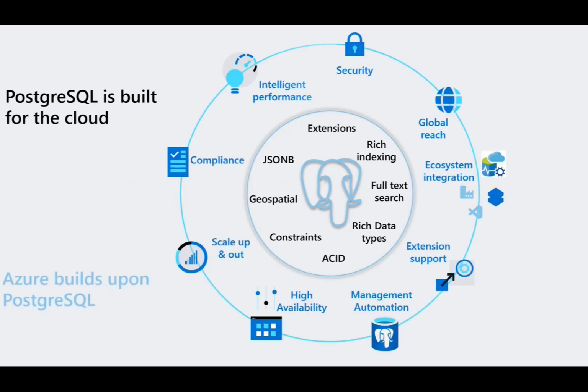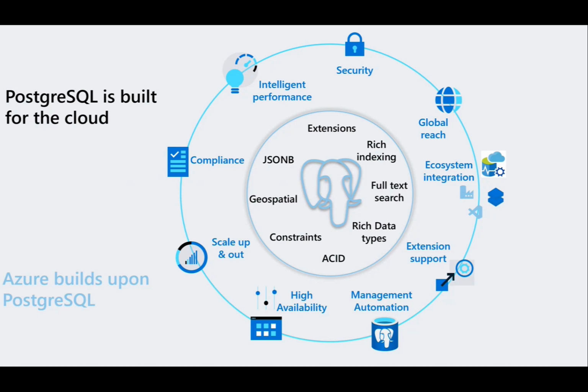But what do you get from putting it all in Azure? Well, you get other things that Postgres doesn't quite give you immediately. You get the ability to scale up and out. You get compliance with a lot of industry certifications. You get the ability to monitor and get intelligent performance tuning on your instance or server. You get extra security, Azure security.